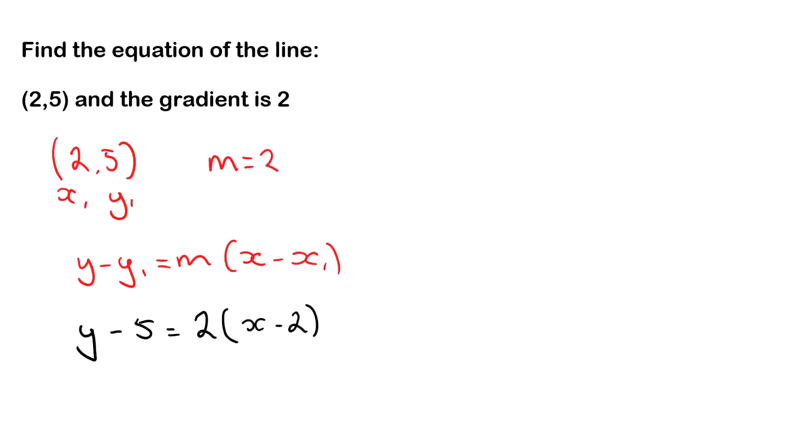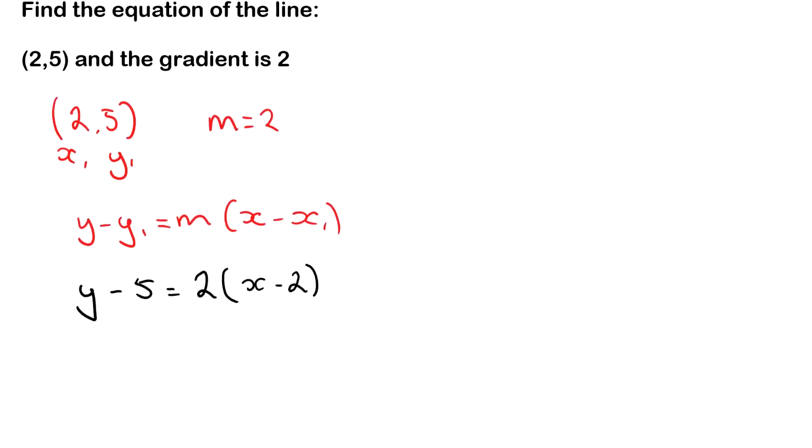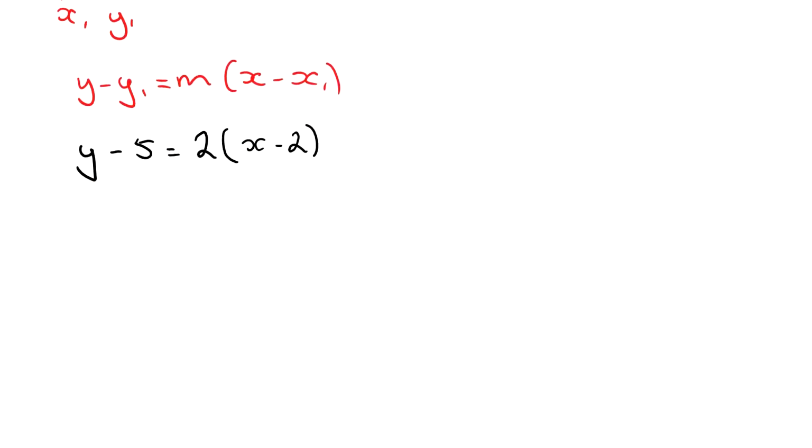Now there's multiple ways you can do this. You can use it as the general form here, or you could convert it to the y-intercept form. I'm going to do the general form, so I want to expand these brackets, and remember each one of those arrows is a multiplication. So y minus 5 equals 2x, take away 4.